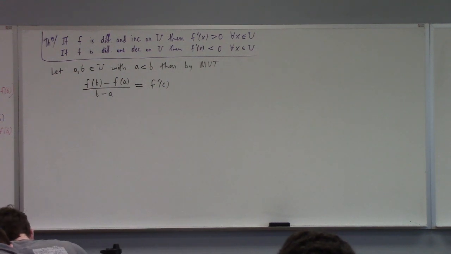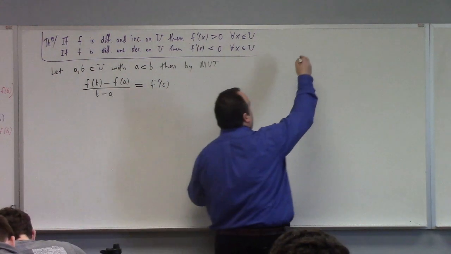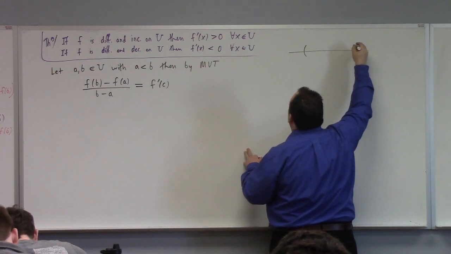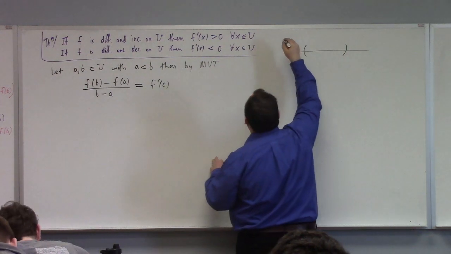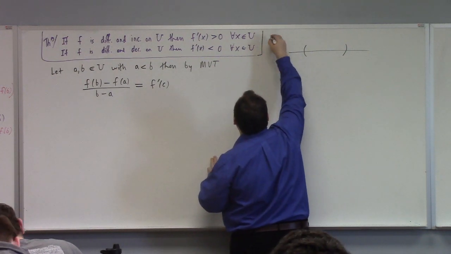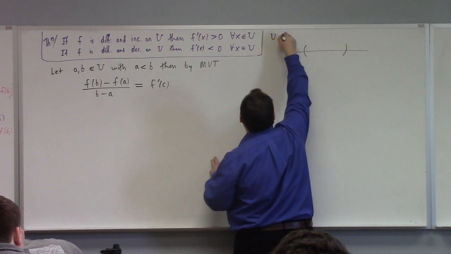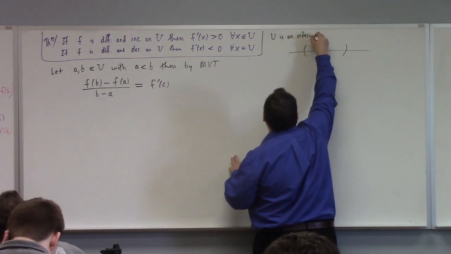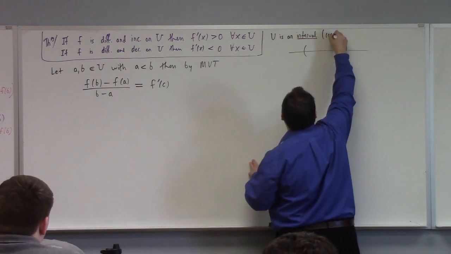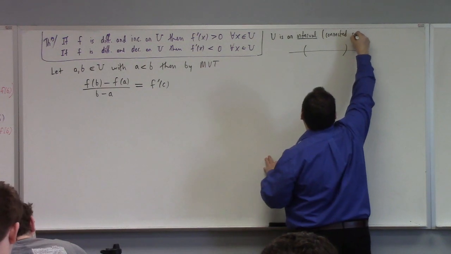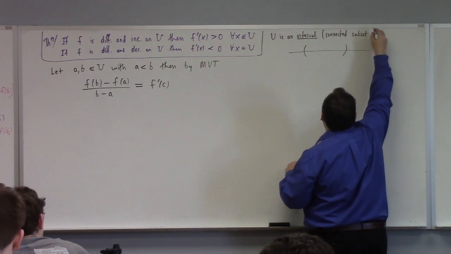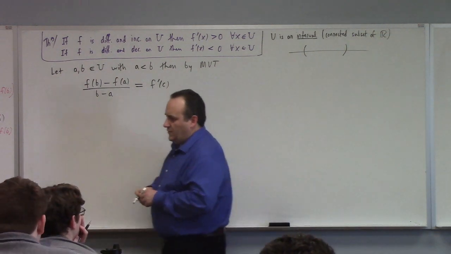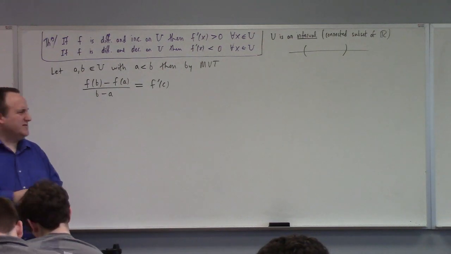So what I'm thinking of here, if you want a picture of it, is you see U, and I should say, I'm not sure this is absolutely needed, but I really am thinking about it: U is an interval. In other words, it's a connected subset of R. I probably need that in order to not get hung up on something, but I'm not absolutely sure that's true.